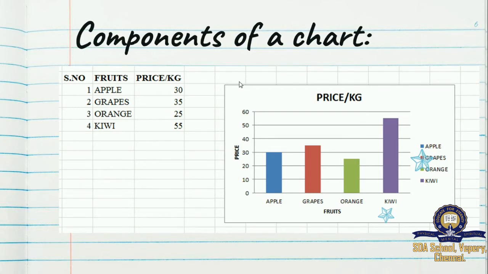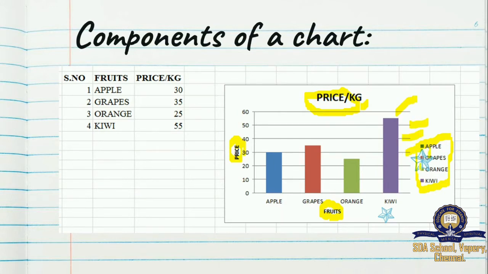Now look at this. Here the price is given. Here the fruits are given. Here the heading is given, and here the values. So what are these things and these lines?